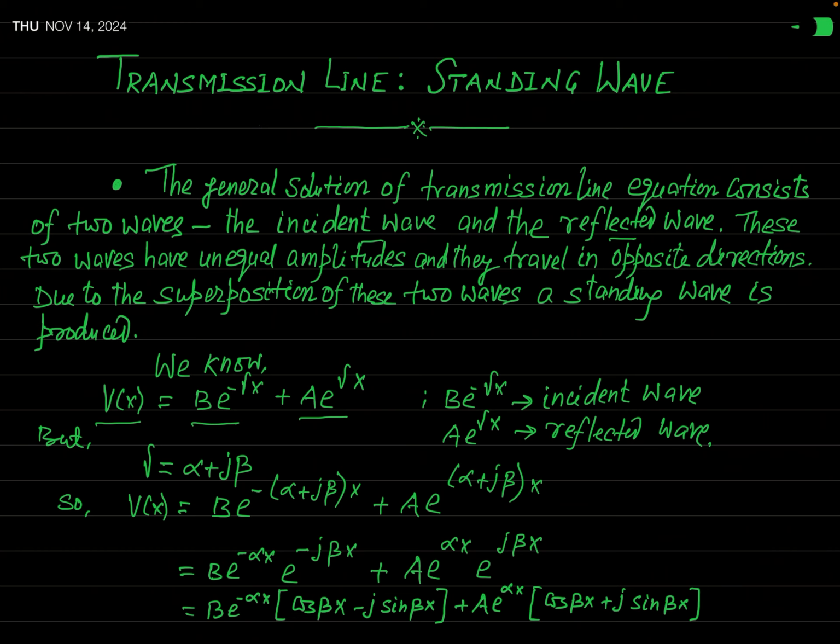I have discussed earlier that the term b e to the power minus gamma x represents the incident wave, and a e to the power gamma x represents the reflected wave.